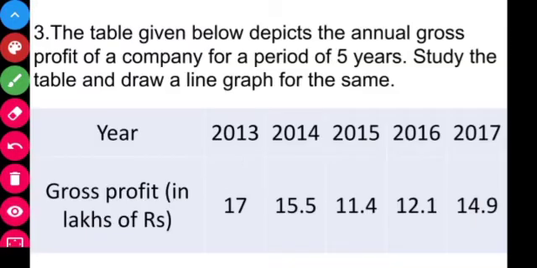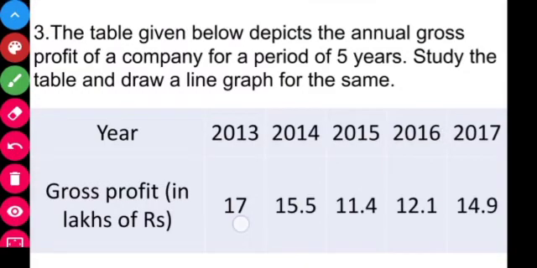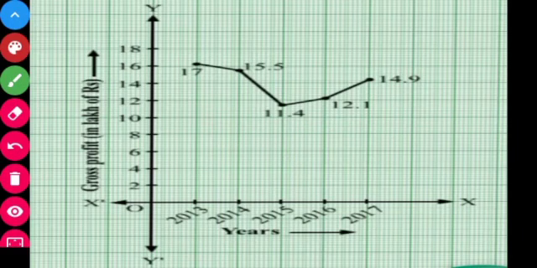Profit is given as 17, 15.5, 11.4, 12.1, and 14.9. So you can take 1 unit equal to 1, or here you can take 1 unit equal to 2.